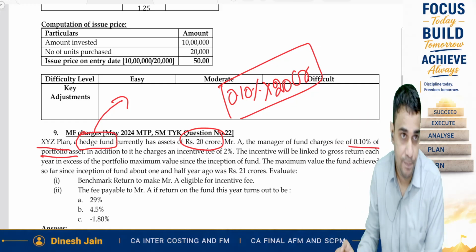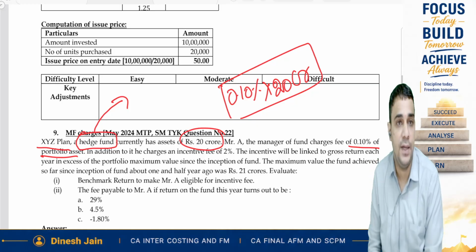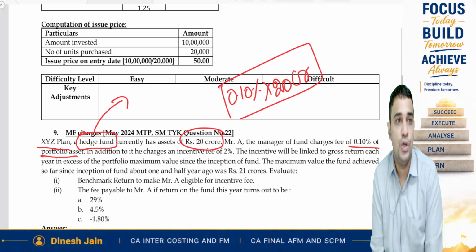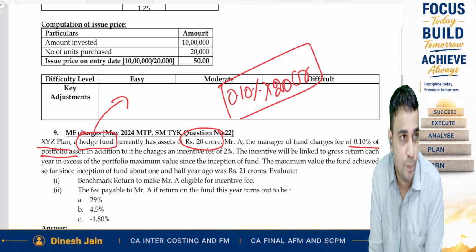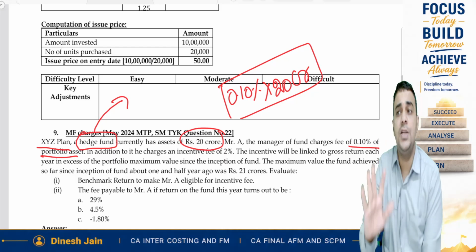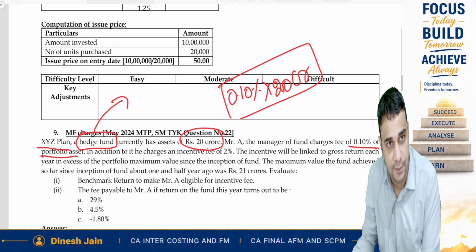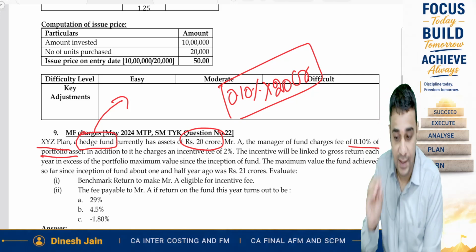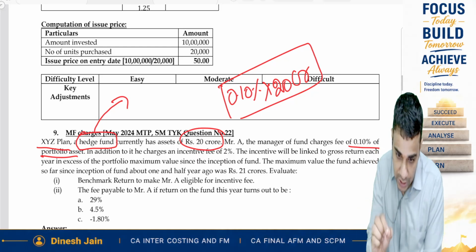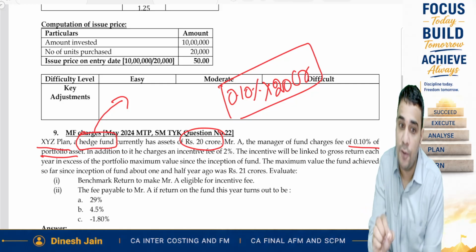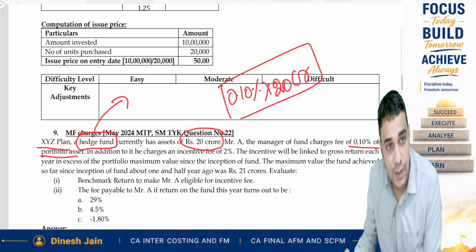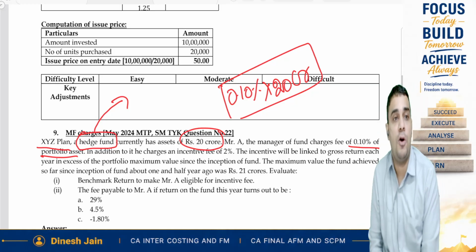In addition, I'll also charge an incentive fee. Incentive is generally on profits. If I earn profits for you, you have to give me extra. One is fixed. Fixed is 0.1%. In addition to that, I may charge an incentive fee of 2%, and they have said how: gross return each year in excess of the portfolio maximum value since the inception of the fund.